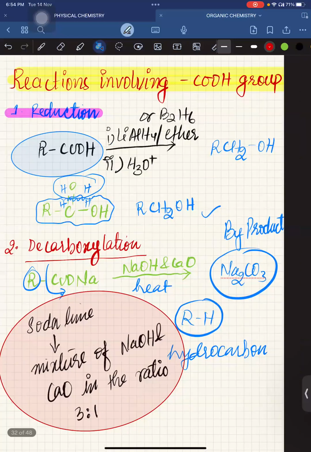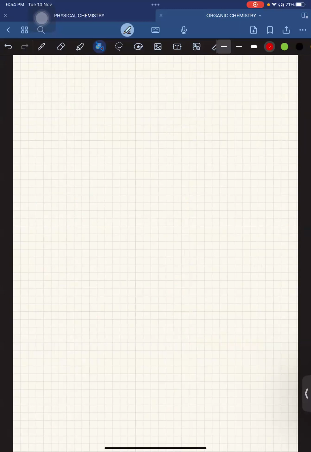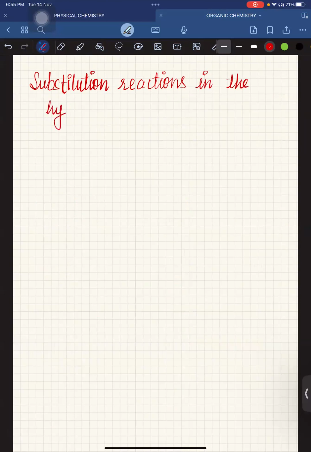The next chemical reaction, the last chemical reaction, is substitution reactions in the hydrocarbon part.